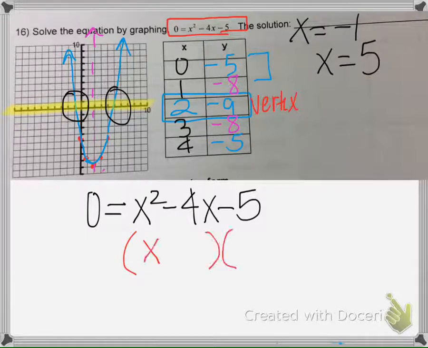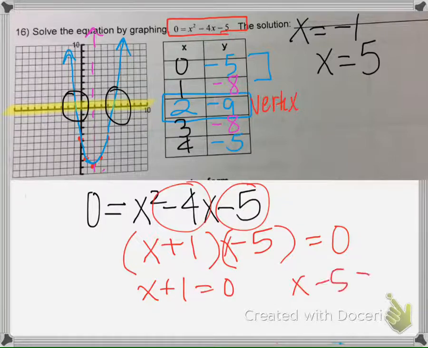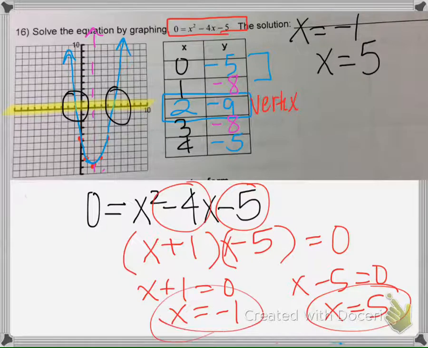If we factor, we know that positive 1 and negative 5 multiply to negative 5 and add to negative 4. So if we set it equal to 0, we would get x equals negative 1 and x equals 5. So we verify that this is the point where it crosses the x-axis.